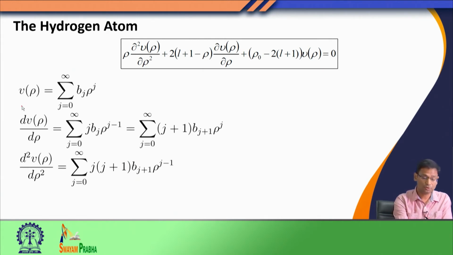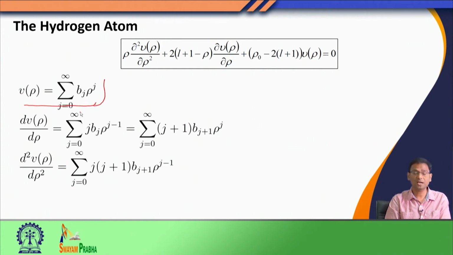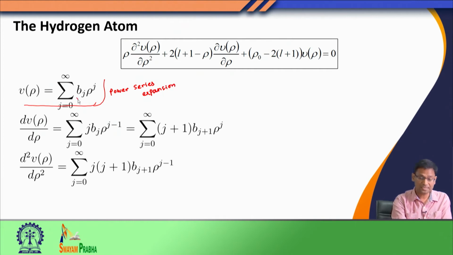Now, we have to define what our v is, and we defined our v as a power series expansion where Bj are simply the coefficients of different orders of polynomials. So, here j goes from 0 to infinity, where the function is Bj rho to the power j.